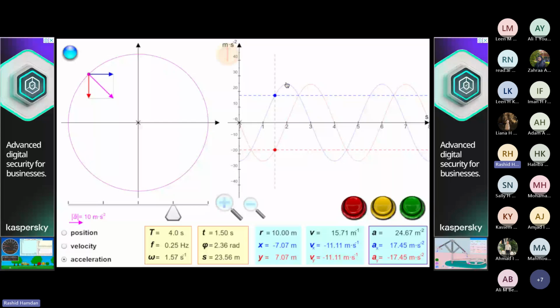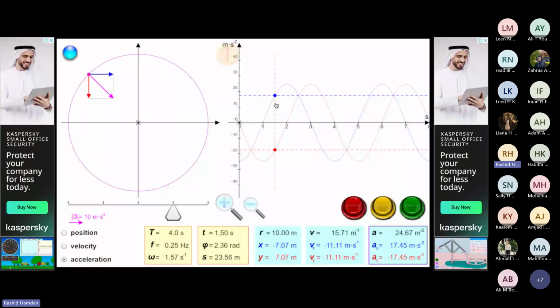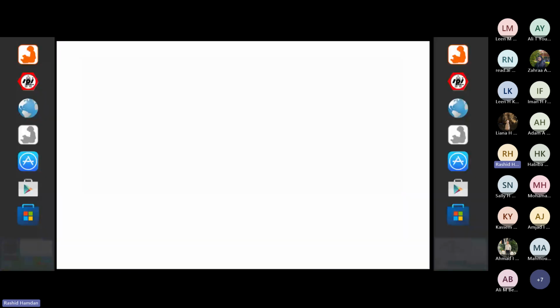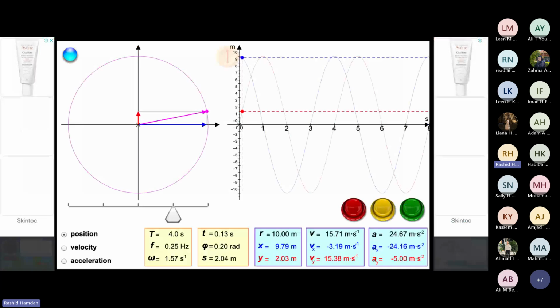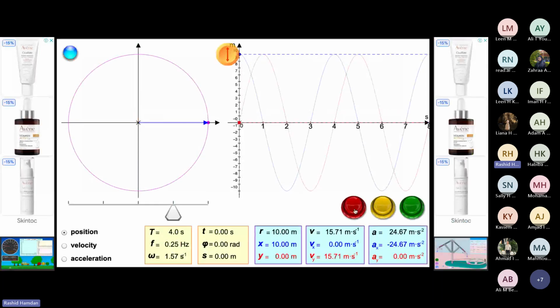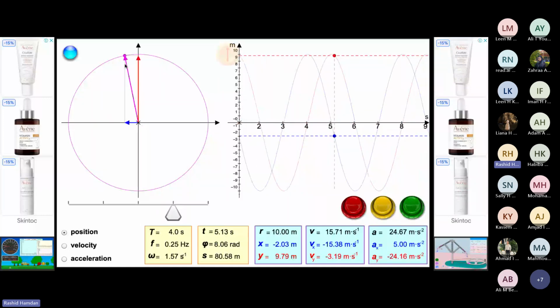And here on the graph they show us how the position, the x component and the y component change with time. Actually, let's look at r first, the position. So this is the position vector. Let's stop it. The purple line is the position vector, pointing out from the center to the object.